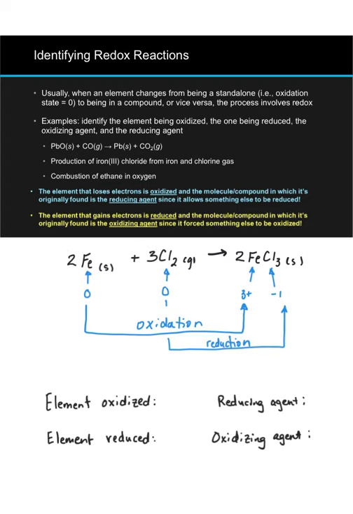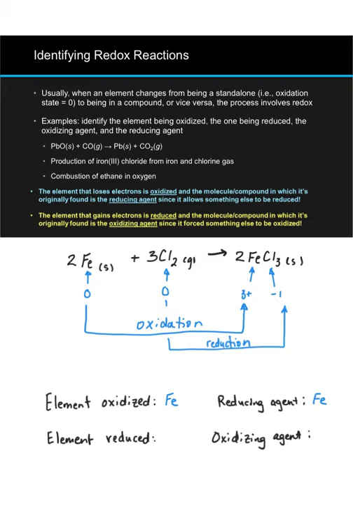So next, let us assign the element oxidized, the element reduced, the reducing agent, and the oxidizing agent for this reaction. We've identified that iron is the element oxidized. Iron is oxidized because it gets more positive. It must have lost electrons in order to get more positive over the course of this chemical transformation. It exists in the reactant side of this chemical reaction as just iron, not in a molecule or a compound.